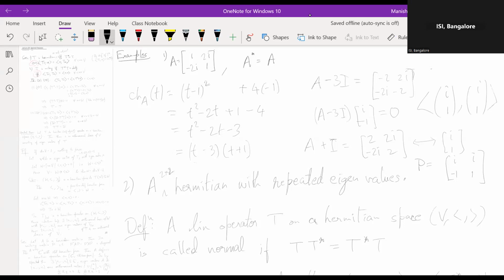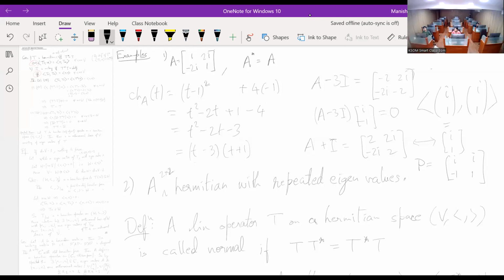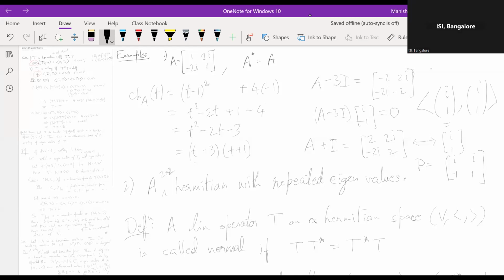It has to be a positive number. Yeah, that we know. So to compute the inner product, what do you do? So what is the formula?